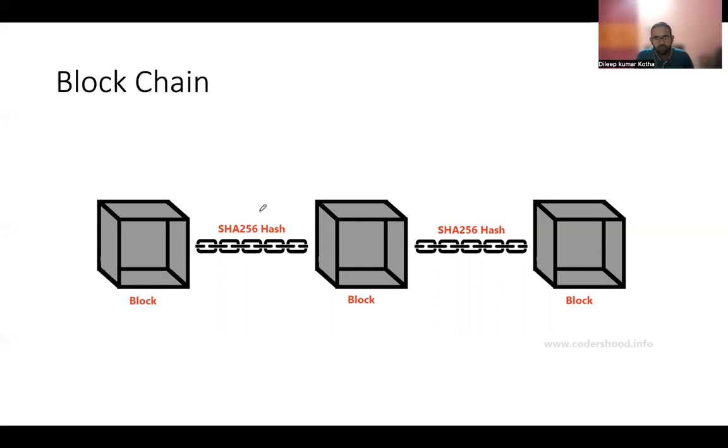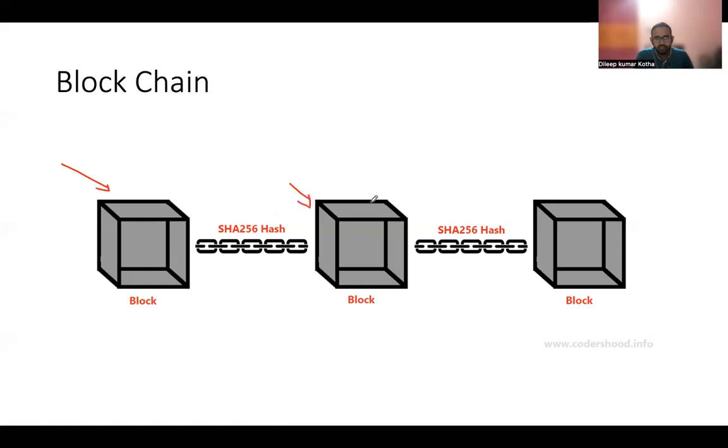Bitcoin works using the SHA-256 hash only. So how is this SHA-256 hash used to secure this blockchain? Whenever you have data in this block, you calculate the SHA-256 hash of this block and you input that SHA-256 hash to this block.